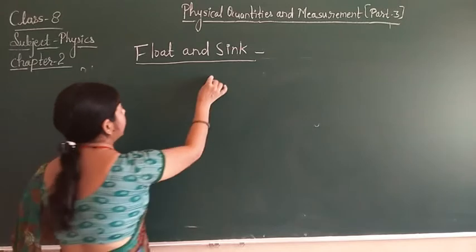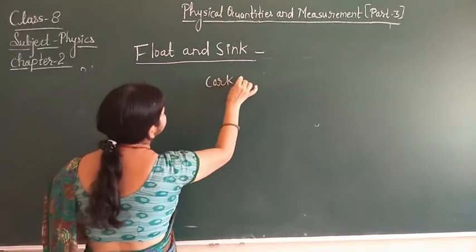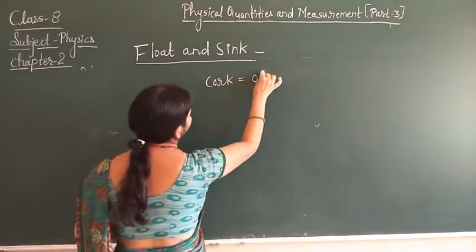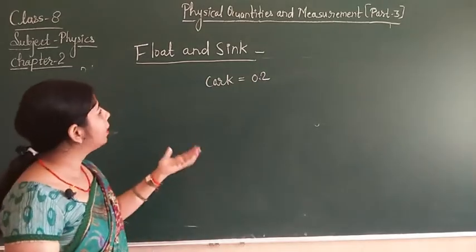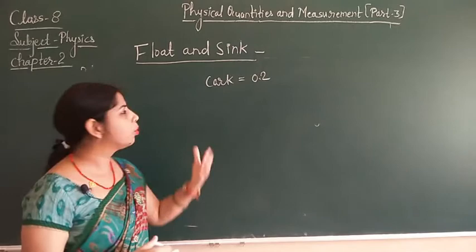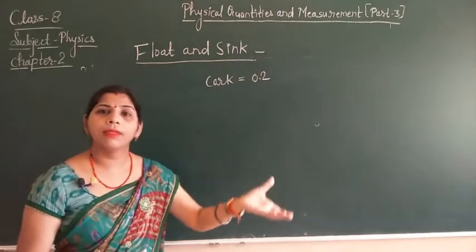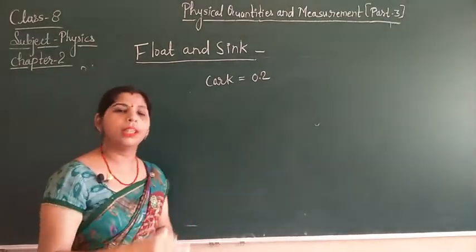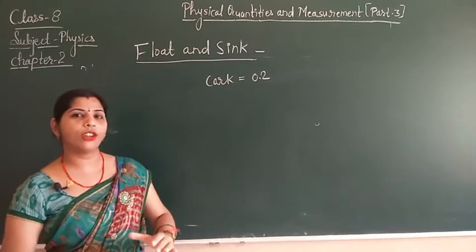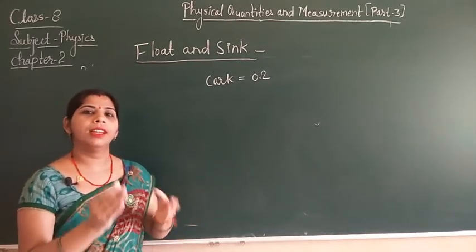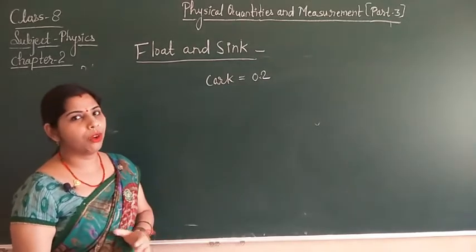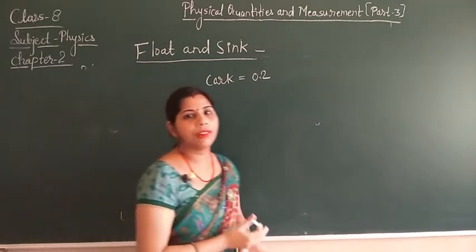Suppose cork: the relative density of cork is 0.2, so cork is going to float on the water. A substance whose density is higher than that of water is going to sink, and whose relative density is lower than water is going to float on the surface of the water.